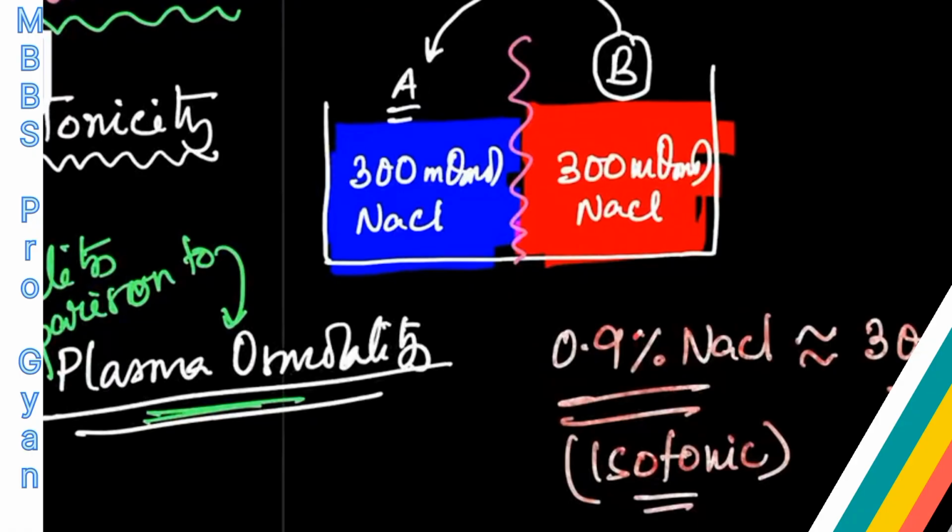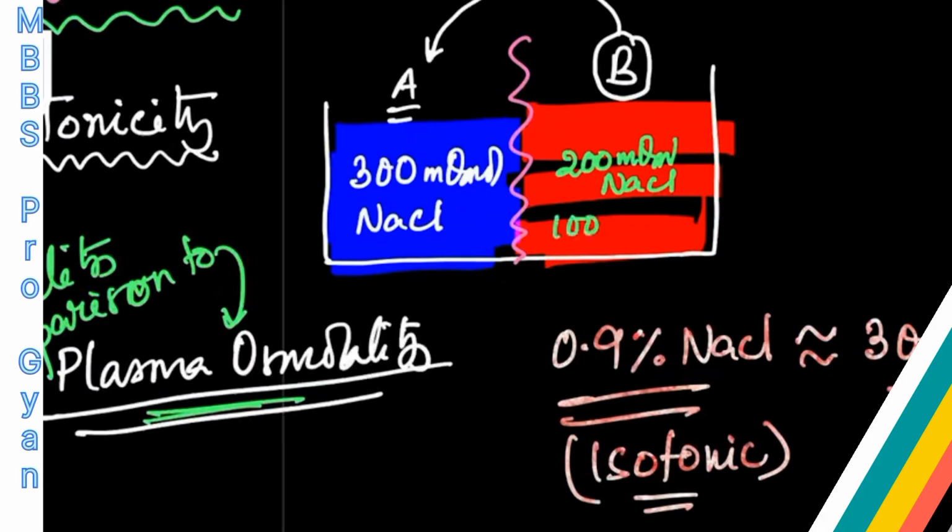Right. So the next concept is that suppose in this compartment B, rather than giving 300 milliosmol NaCl, I have given 200 milliosmol NaCl plus 100 milliosmol urea.